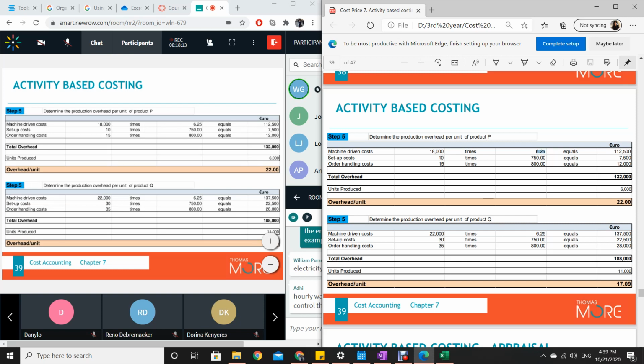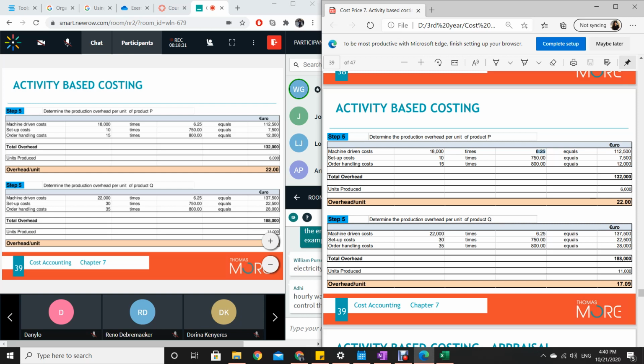For product Q, we do exactly the same. 22,000 times 6.25. We do 30 setups in this case, times 750, 35 orders times 800.